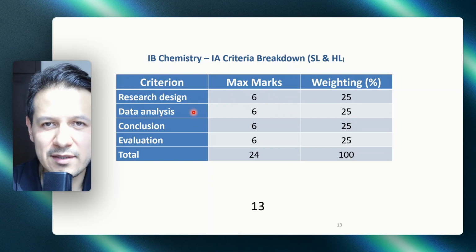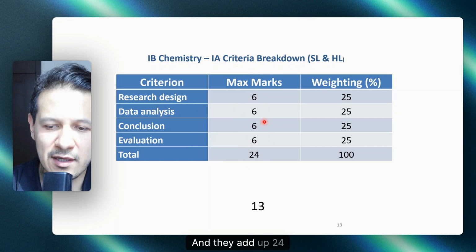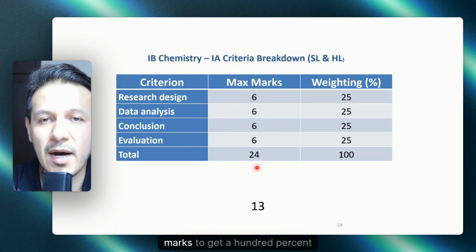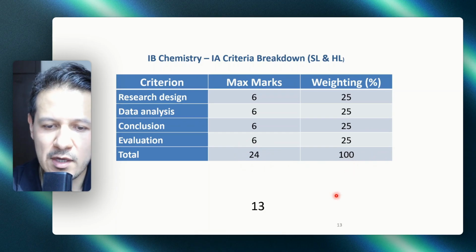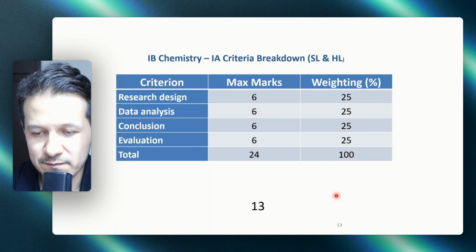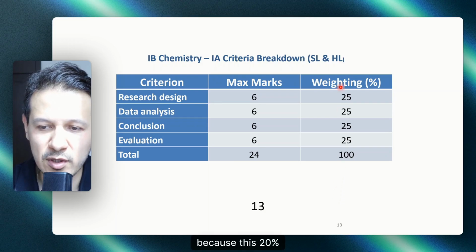Data analysis, conclusion, evaluation, and they add up to 24 marks to get 100% of the weighting. So I think this is easy because this 20% is in your hands.